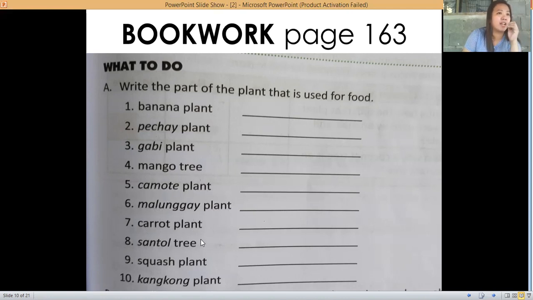Number 7, what do we eat in the carrot plant? Number 8, santol tree. What do we eat in the santol tree? Number 9, the squash plant. And number 10, the kangkong plant. What do we eat in the kangkong plant?